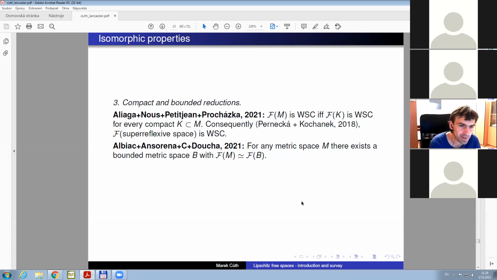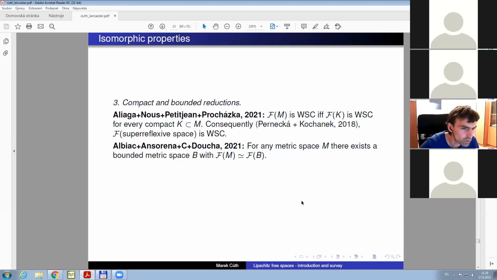Since Pernecká and Kochanek proved that for compact subspaces of superreflexive spaces, F(K) is weakly sequentially complete, as a consequence we can see that the free space over superreflexive spaces is weakly sequentially complete. So this is quite a nice result.